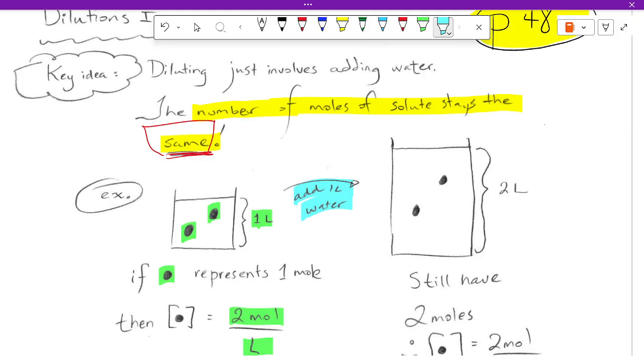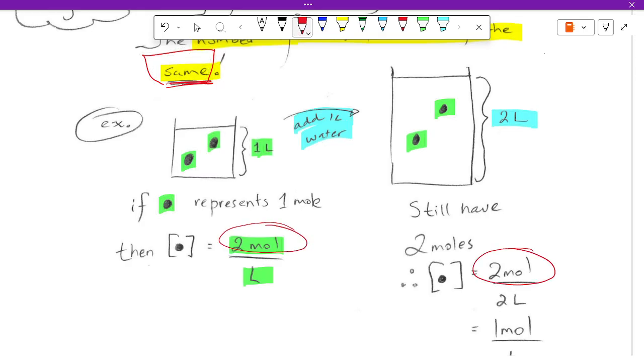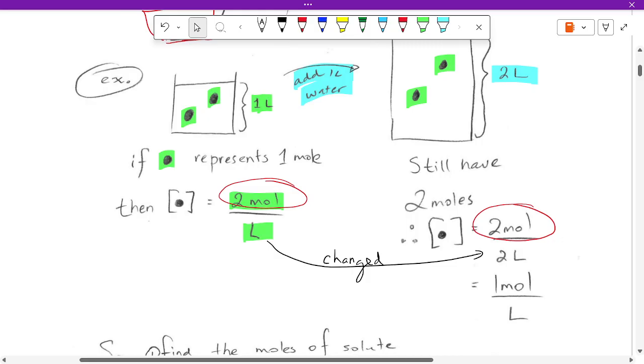We still have 2 moles. But now it is in a total volume of 2 liters. So our moles have stayed the same, but our volume has changed. And so now we have 2 moles in 2 liters, which is 1 mole per liter. Yes?